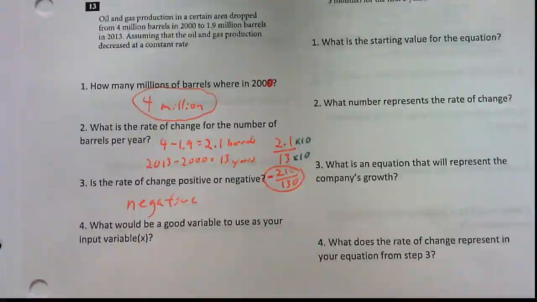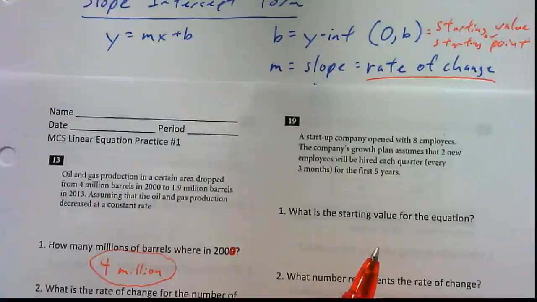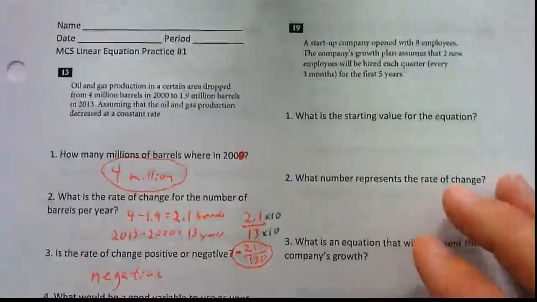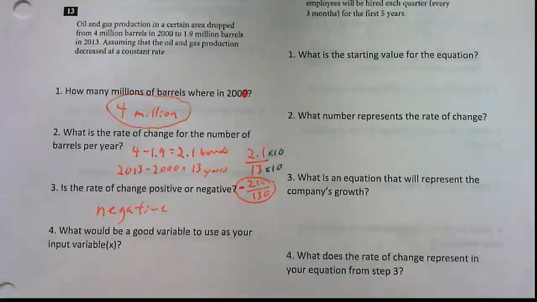And then for part 4, what would be a good variable to use as your input variable, your x? So we had x and y in our original setup for our slope-intercept form, but when it's as a word problem, they're not always going to leave it as x and y. They're going to use variables that represent the data. So what letter could we use in place of x?